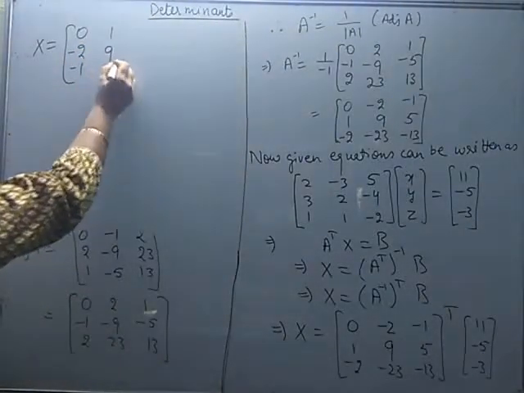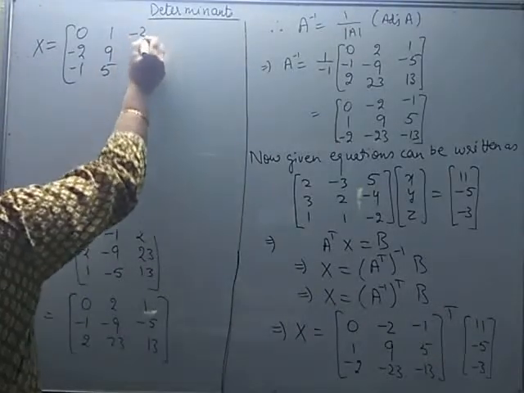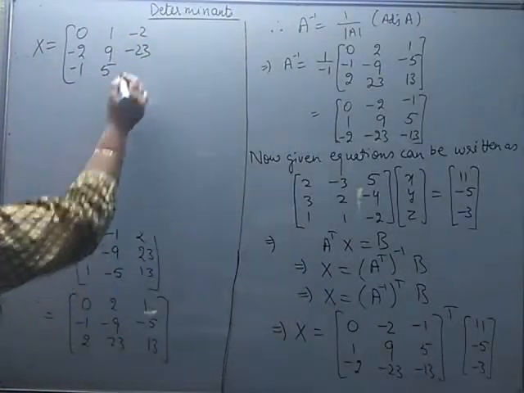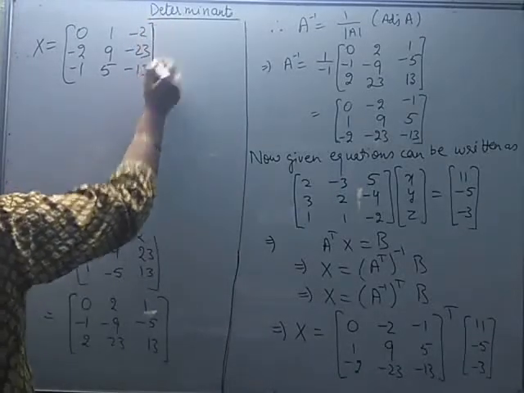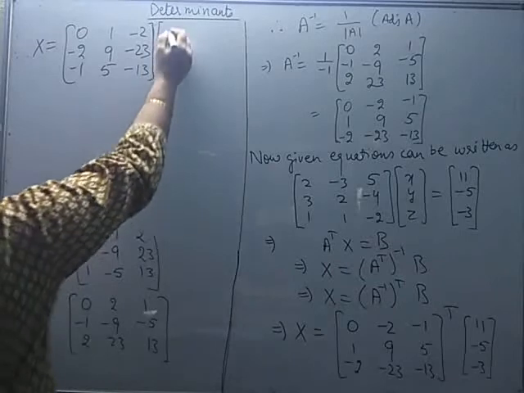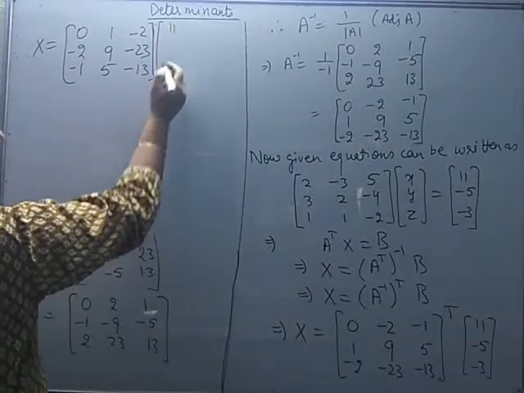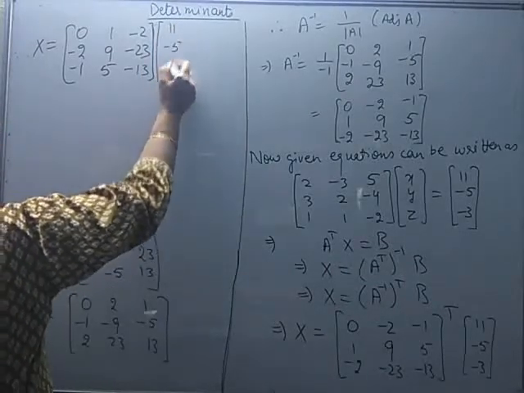Then in the second column 1, 9, 5. Third column -2, -23, -13. And this has to be multiplied with the matrix B with elements 11, -5, -3.